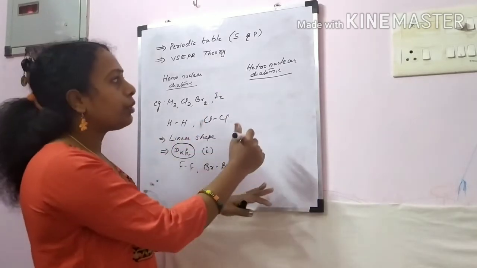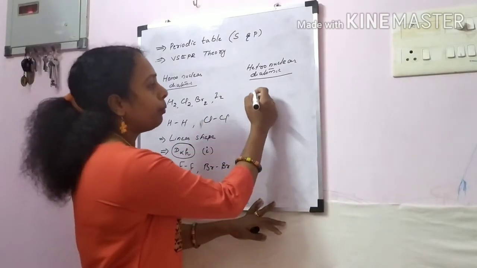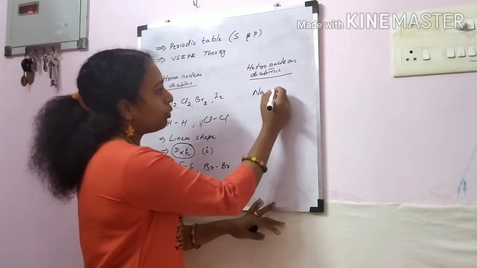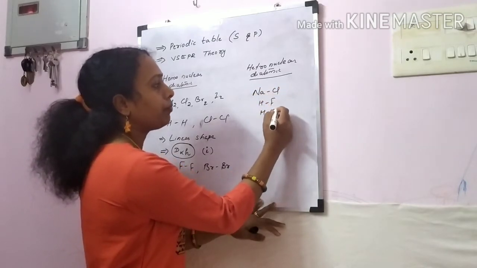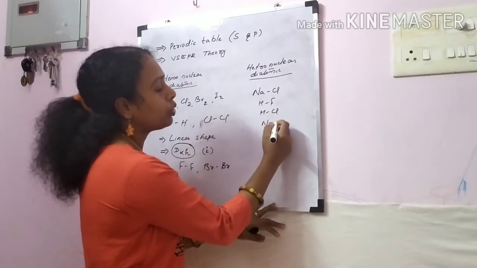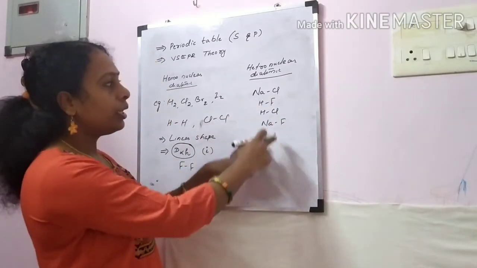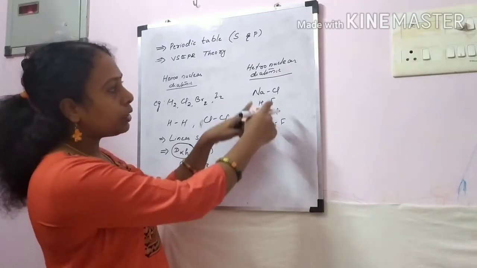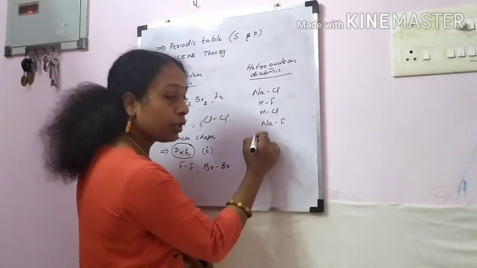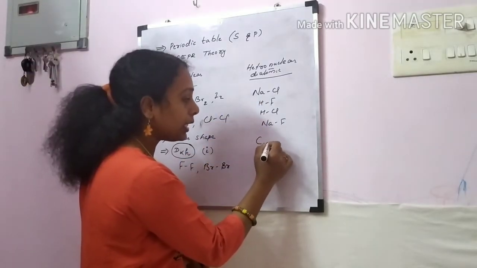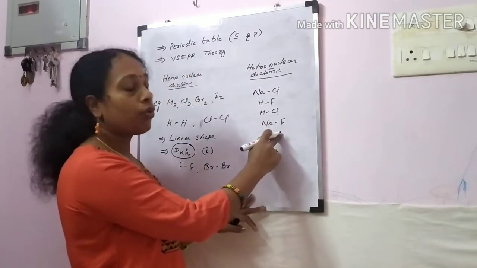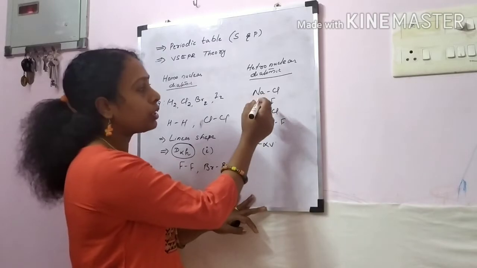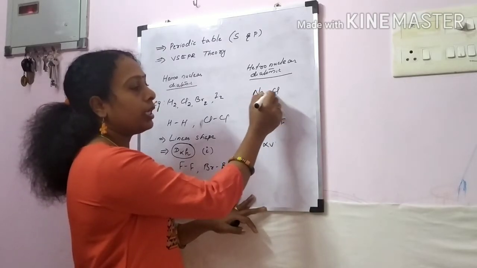Then consider the case of heteronuclear diatomic molecules. For example, I am writing sodium chloride, hydrogen fluoride, HCl, sodium fluoride, like this, the diatomic molecules. This also belongs to the point group C infinity v. Why? Because there is an absence of center of inversion. There is no center of inversion because different atoms are there.